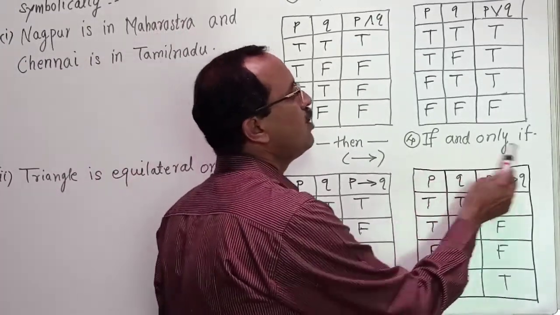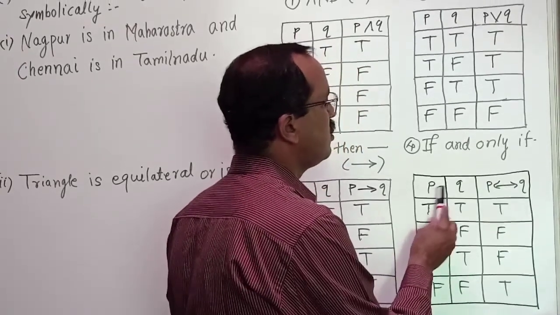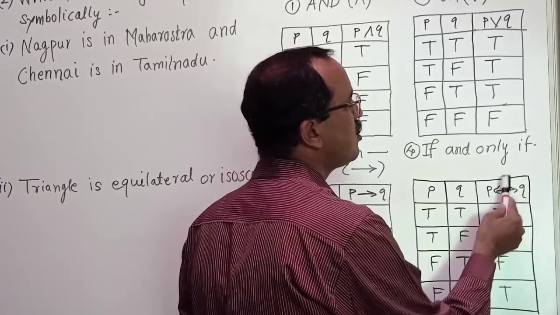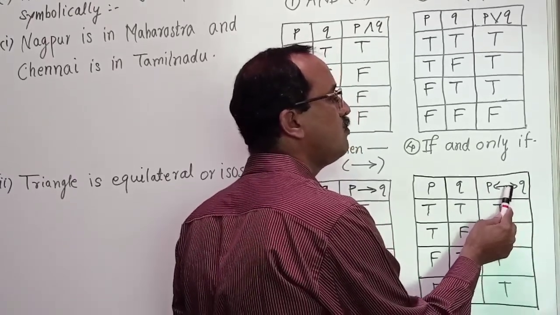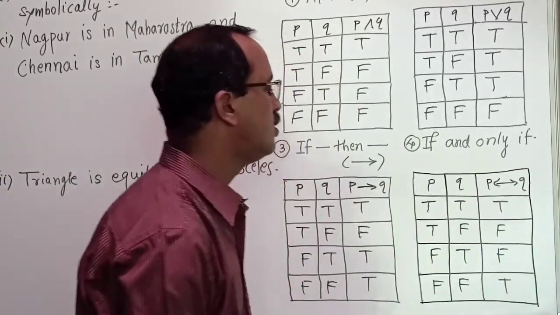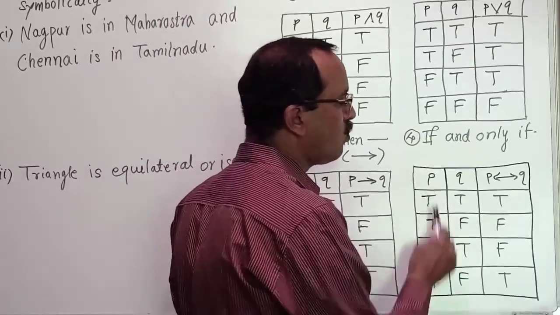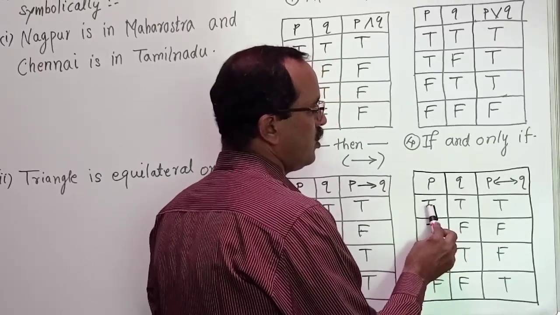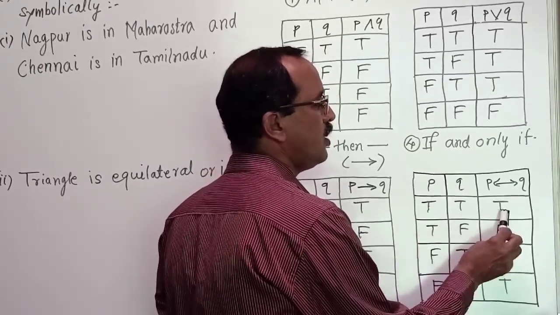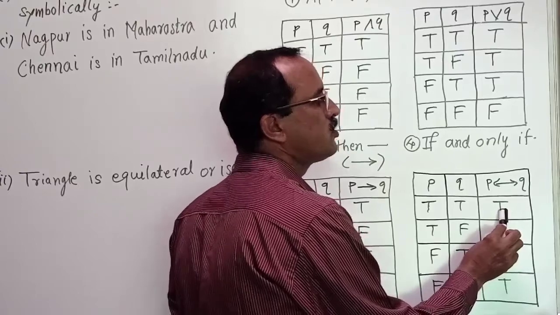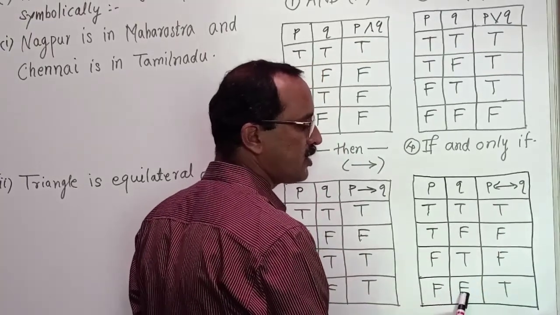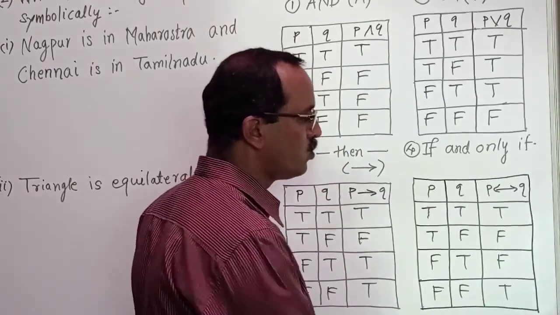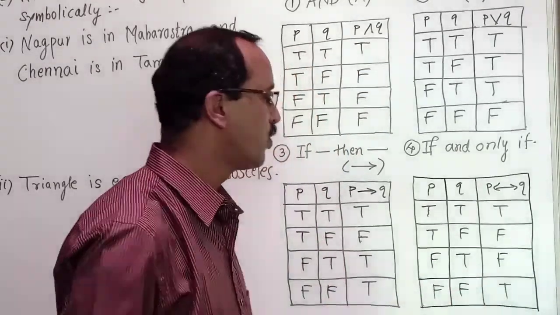Then the last one, if and only if. P and Q are two separate statements, and the resultant statement is P if and only if Q. Here also there are four possibilities: TT, TF, FT, FF. If both statements are true, the resultant is true. If both are false, FF, the resultant is also true.